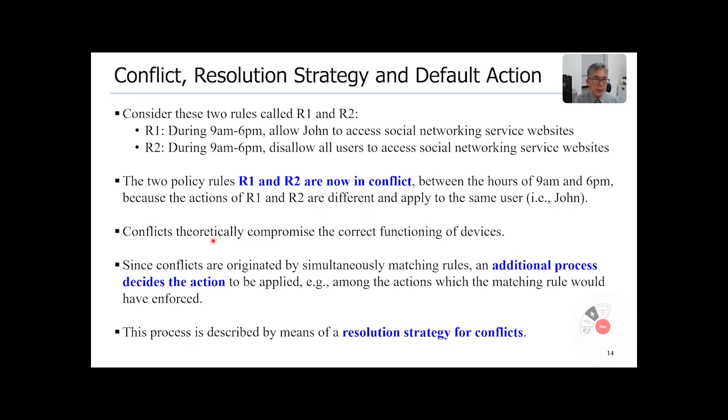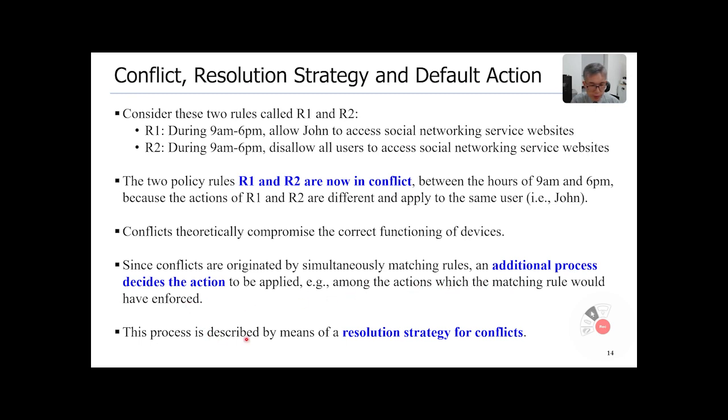So conflicts theoretically compromise the correct function of a device. Since conflicts originate from simultaneously matching rules, an additional process decides the action to be applied among the actions which the matching rules would have imposed.